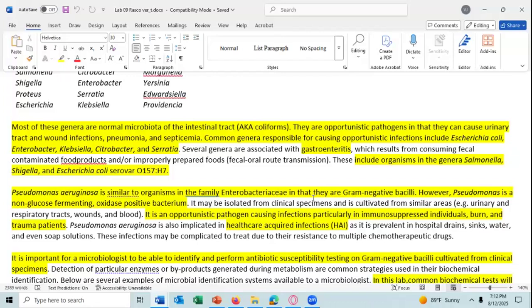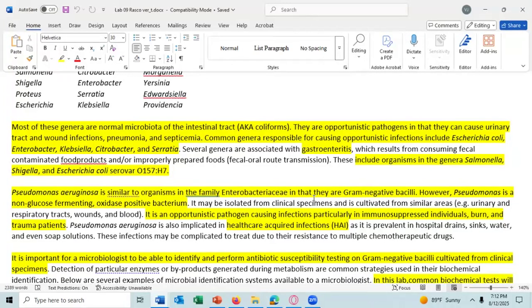Pseudomonas is a family similar to family Enterobacteriaceae in that they are gram-negative bacilli. However, all members of the family Pseudomonaceae are non-glucose fermenting, and they're all oxidase positive organisms, as well as aerobes. So you can differentiate the family Pseudomonaceae from the family Enterobacteriaceae from one of three tests.